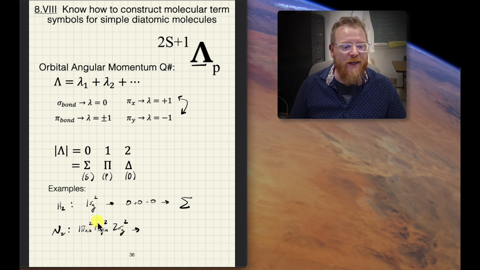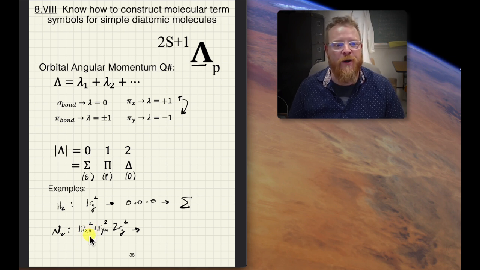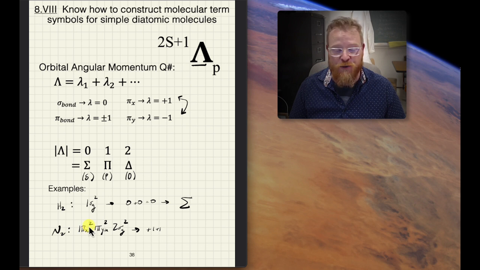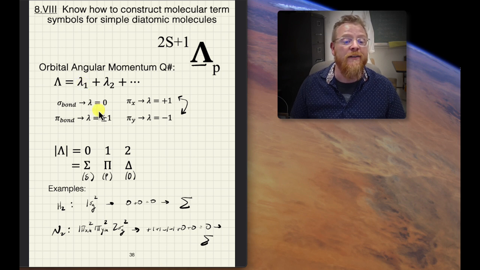And this is where we can see this arbitrary nature of whether we're going to do plus or minus. So I'm going to do plus 1 for x and minus 1 for y. So that would go plus 1, right, because I've got 2 in the pi x, plus 1, minus 1 and minus 1, because I've got 2 in the pi y, and 0 and 0 for the 2 sigmas. Well, you might notice that all adds up to 0. So this would also get a sigma term.